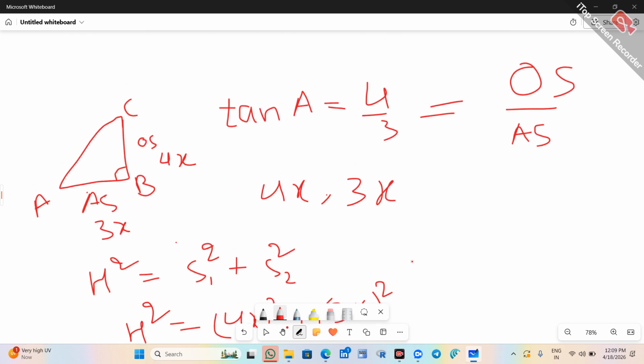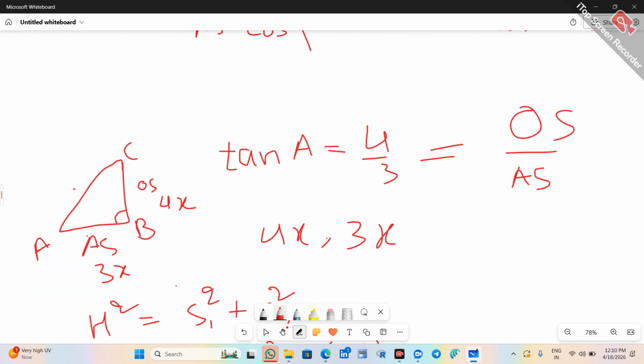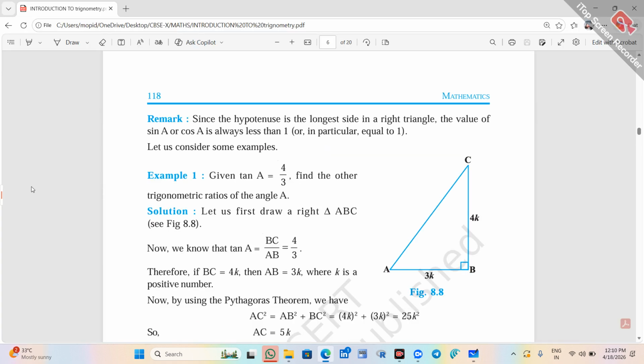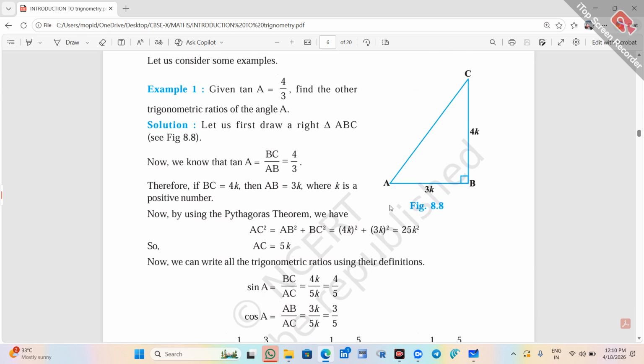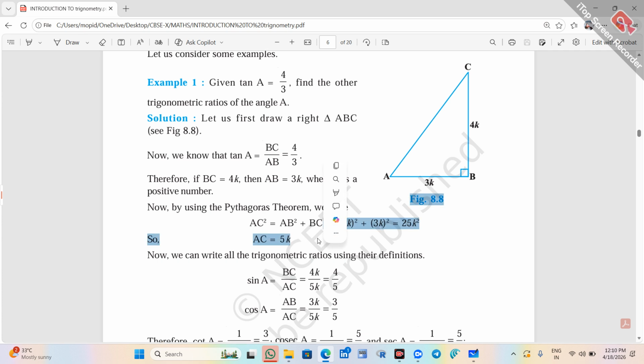So the sides will be 3x, 4x and 5x. Till now we have got the values of all sides.